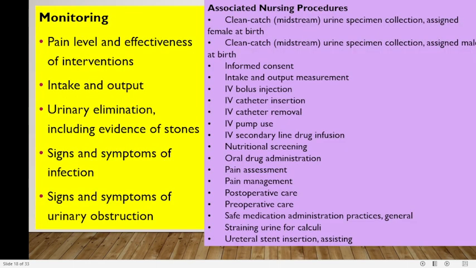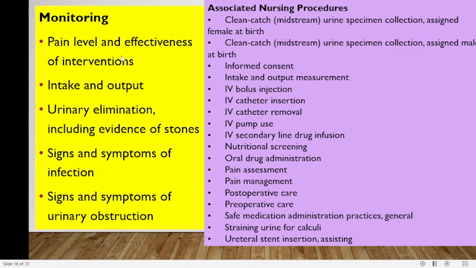What about monitoring? We need to monitor the pain level and effectiveness of intervention using the OPQRST mnemonic. We need to monitor intake and output. At least a patient should be having 30 mL per hour as the recommended output.